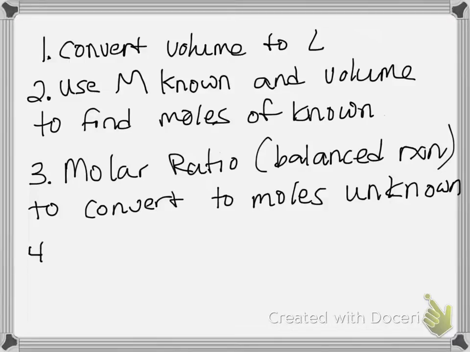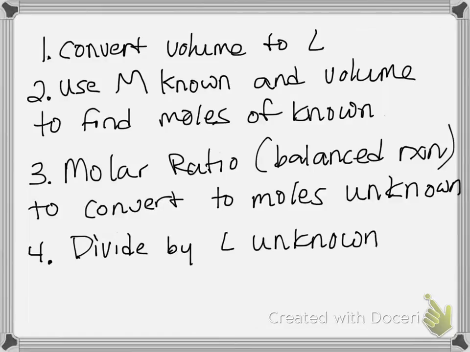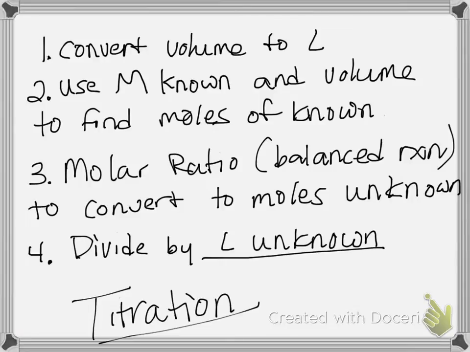Finally, the last step is to divide by the liters of the unknown only. You'll notice that we never added volumes up, so we never took the amount of NaOH and added it to the acid. We don't want to do that. In the last step, you just want to divide by the volume of the unknown. So this is our summary for how to calculate titration reactions.